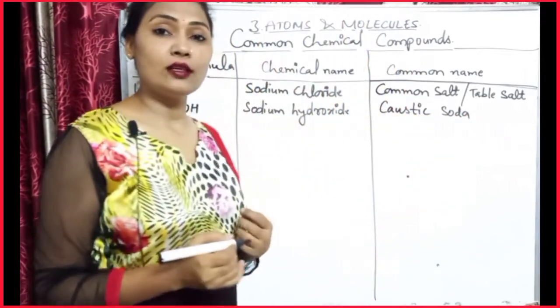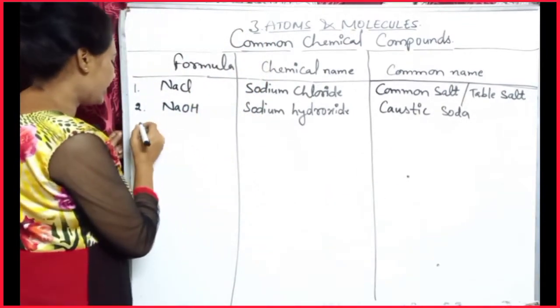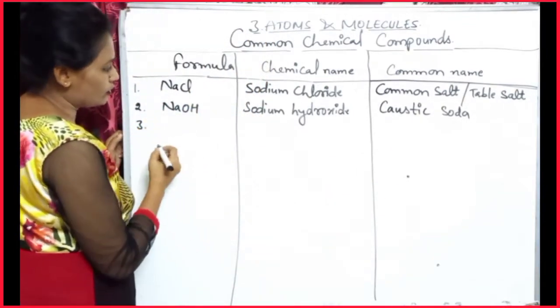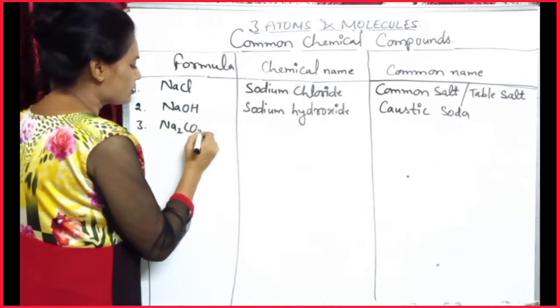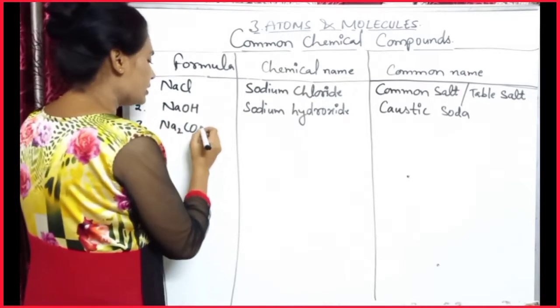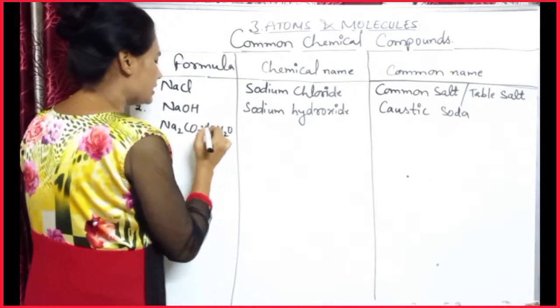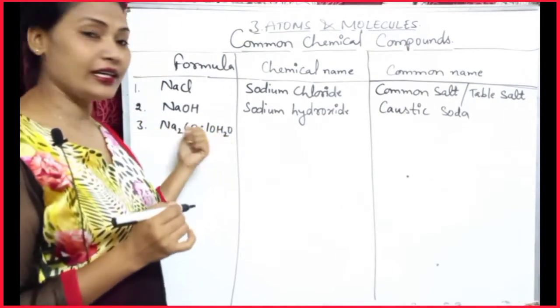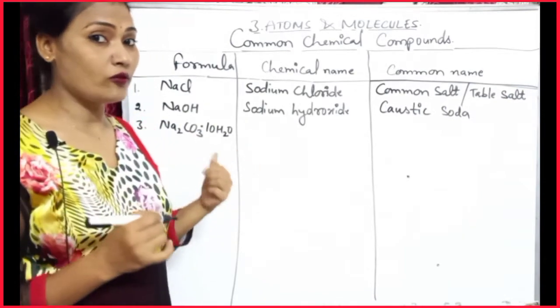Now another compound also belongs to sodium, that is Na2CO3. If we put a dot 10H2O, then it becomes hydrated sodium carbonate. It means it contains 10 molecules of water.